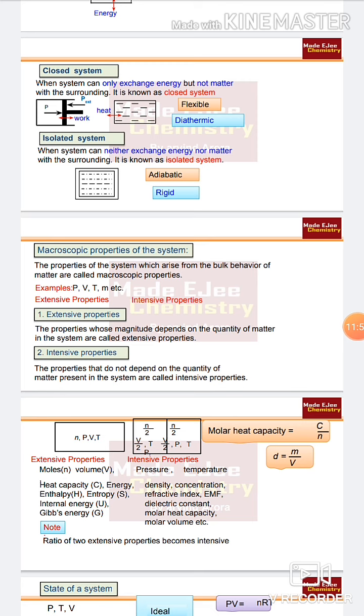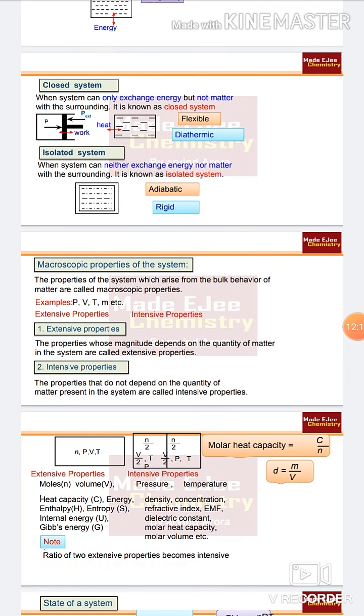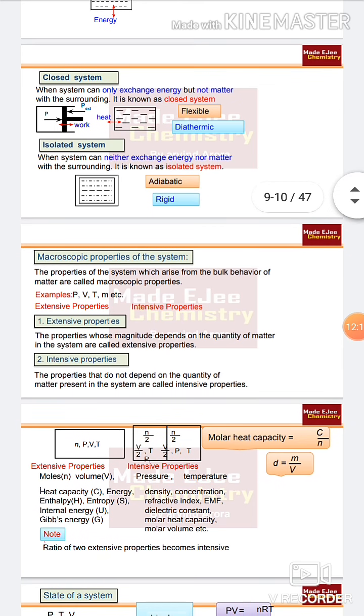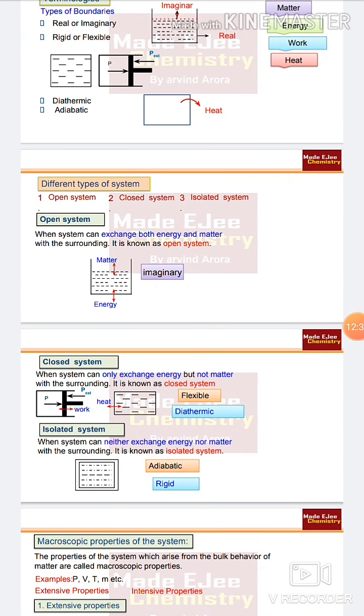In this case, the container which is enclosed is made up of insulated material in which there is no exchange of energy as well as matter. The boundary in this case is rigid and adiabatic. As we have discussed earlier, the adiabatic boundary is a boundary in which the heat cannot exchange. So these are the types of systems: open, closed and isolated.